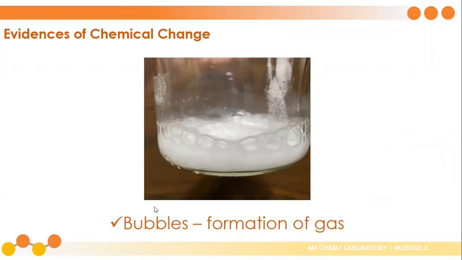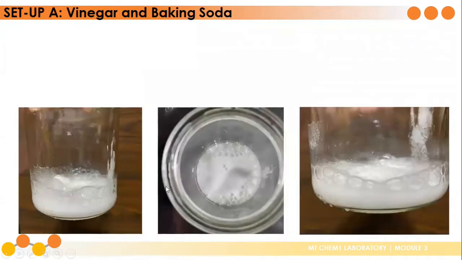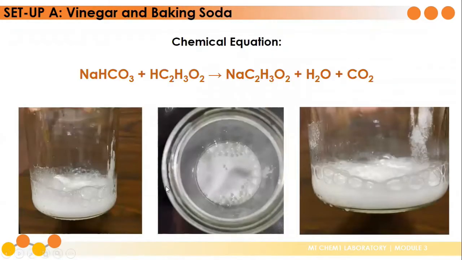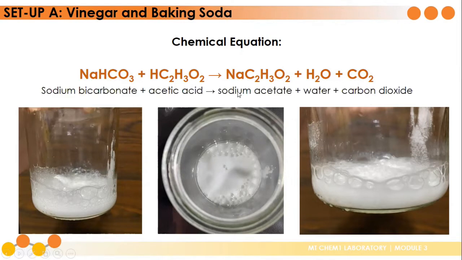Let us take a look at the chemical equation of this experiment that you did. For setup A, the chemical equation is, we have here the sodium bicarbonate combined with acetic acid will produce sodium acetate, water, and carbon dioxide.